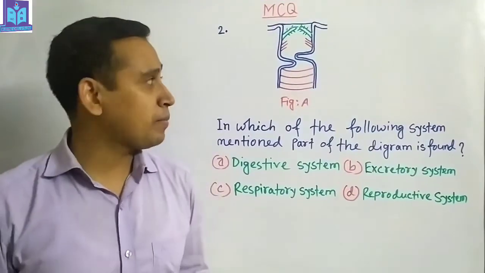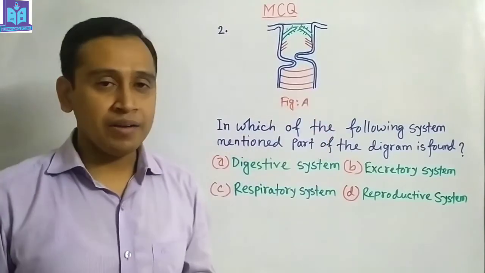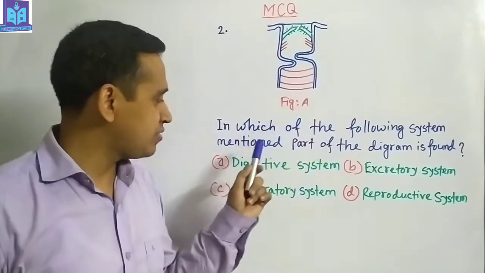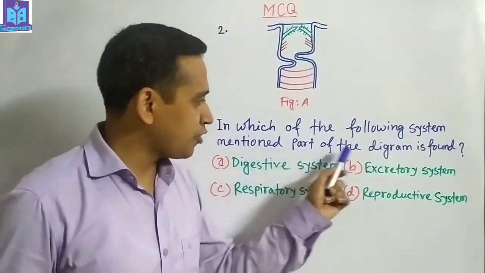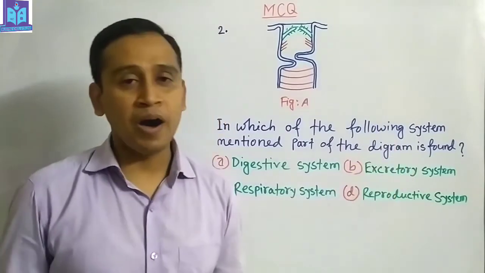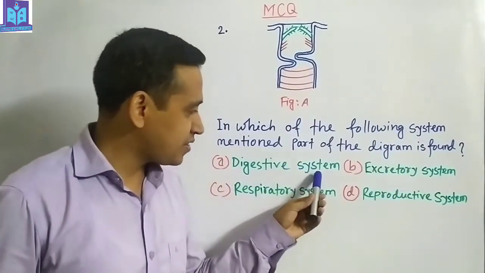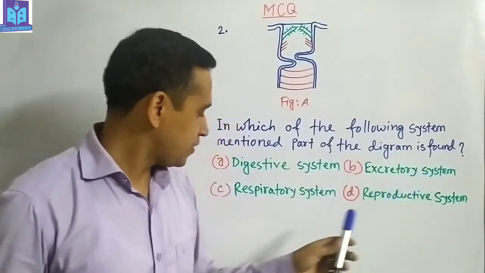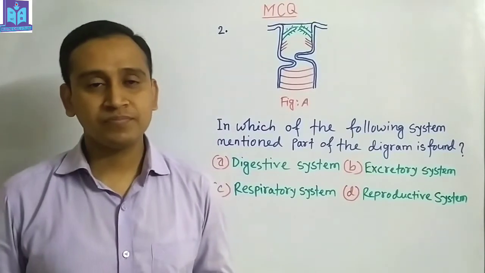Now question number 2. Look at the diagram. According to the diagram, the question is: in which of the following systems is the mentioned part of the diagram found? And the options are digestive system, excretory system, respiratory system and reproductive system.